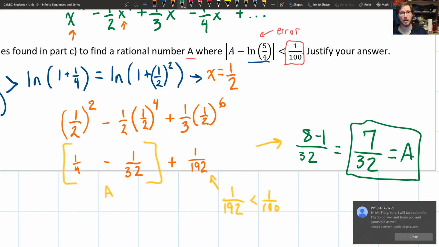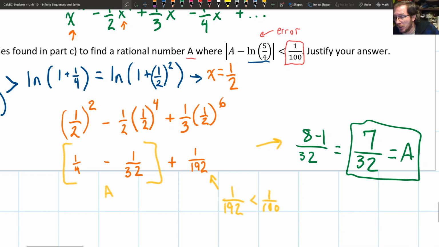We were asked to find a rational number A, and that is our approximation. So 7/32 is our approximation for the natural log of 5/4. It should be within 1/100th of a unit of the actual natural log of 5/4. I challenge you to plug it in your calculator and evaluate it and see if that is true.